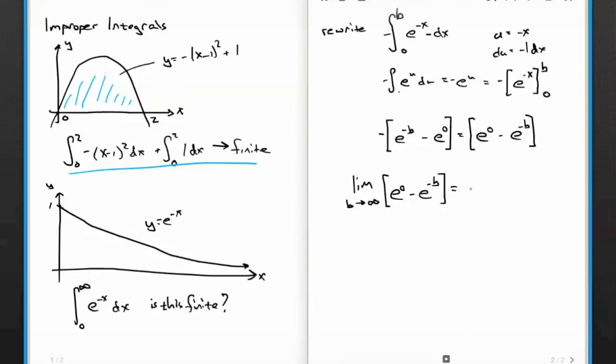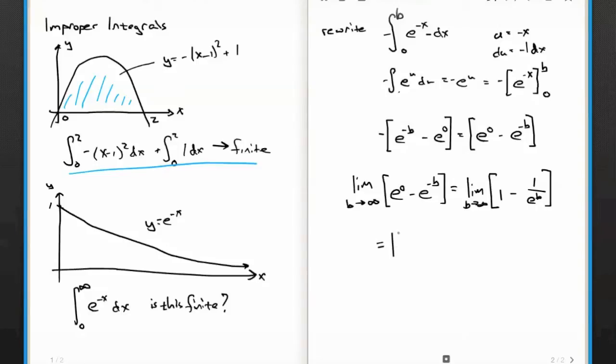Well, e to the 0 is 1, so really this is the limit as b approaches infinity of 1 minus 1 over e to the b. Well, what happens here? As b gets really big, as it approaches infinity, this thing essentially goes away. So this whole thing equals 1.